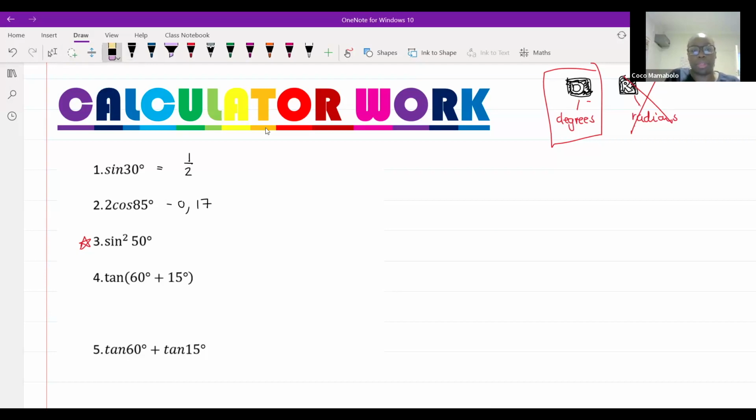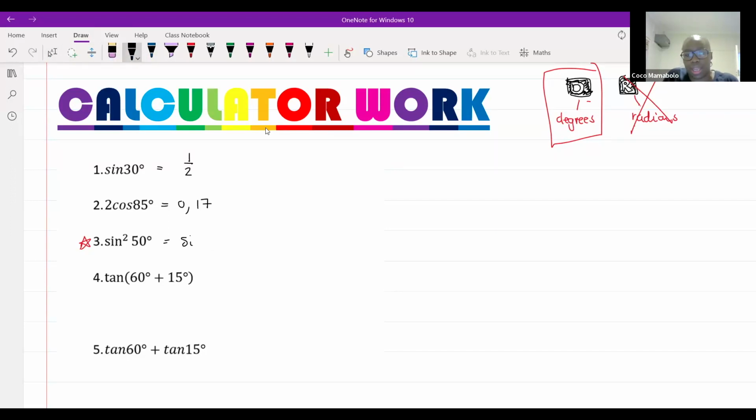Now, for number 3, normally what happens is if you put this into your calculator and you go sine, and then you click the squared button, your calculator goes sine, and then it opens that bracket, and it goes squared, like that. So basically what that's telling us to do is you're just going to put the sine 50 in. You're just going to do it normally.